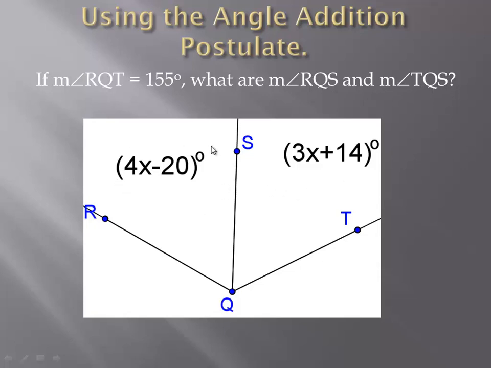Well, I've put a value here, but I've used a variable, and I'm going to give you a hint that this one plus this one equals 155. Here are the answers. I want to see you solve for x, substitute back into this, and see if you get 72 degrees and 83 degrees.